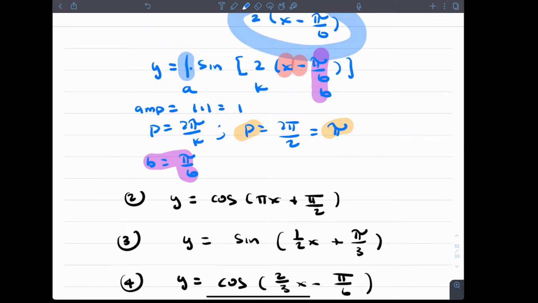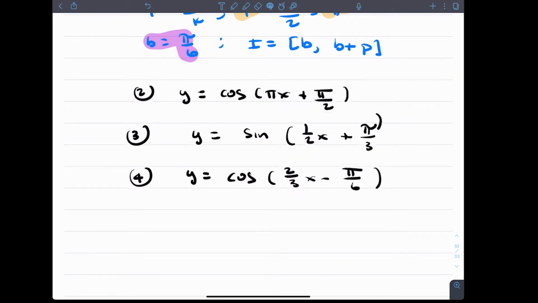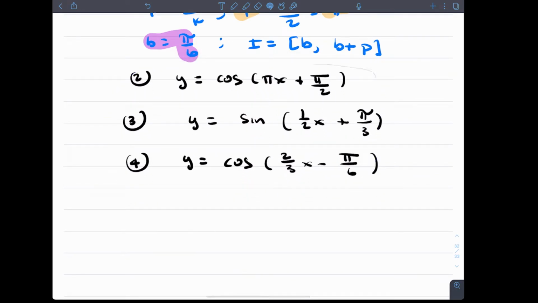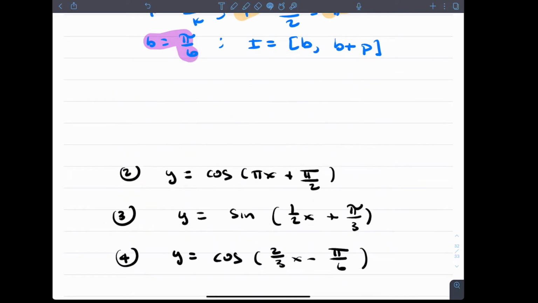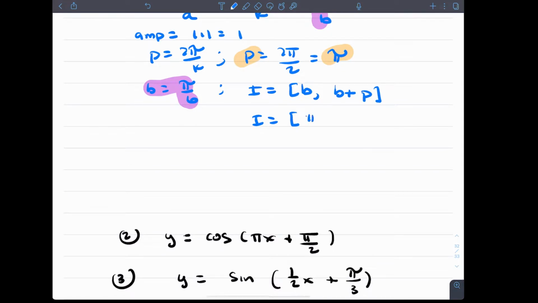Okay, great. You got all that information. Now the interval of one cycle, if you guys recall, is B to b plus p. So, what is b? Pi over 6.